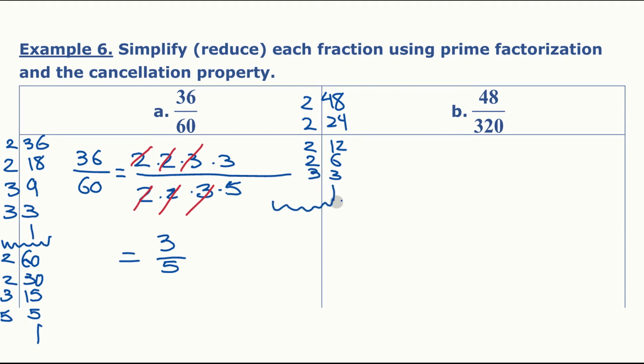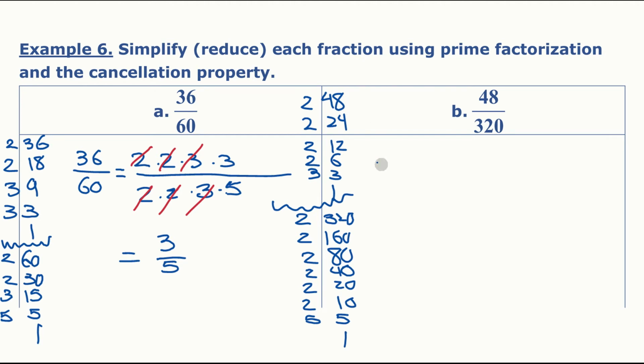All right, now let's find the prime factorization of 320, which gives us 2, 160, 2, 80, 2, 40, 2, 20, 2, 10, 2, 5 and then 5, 1.